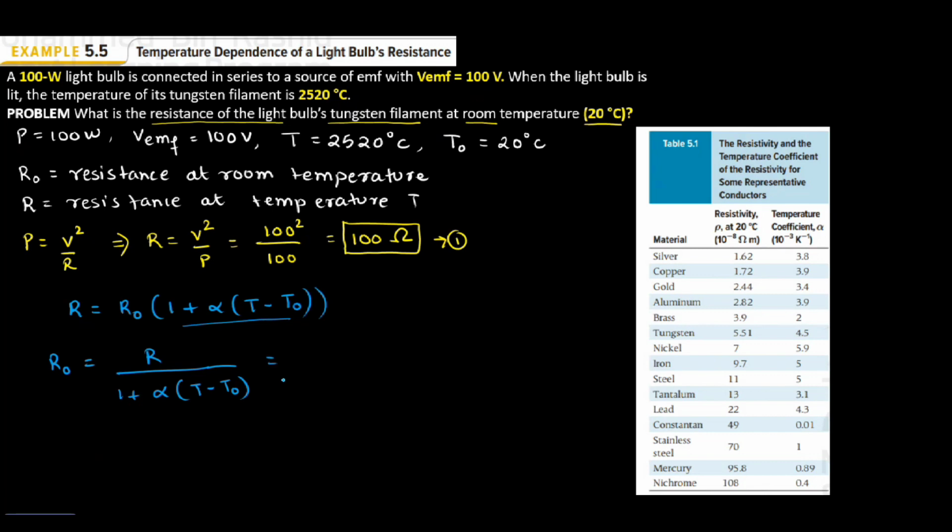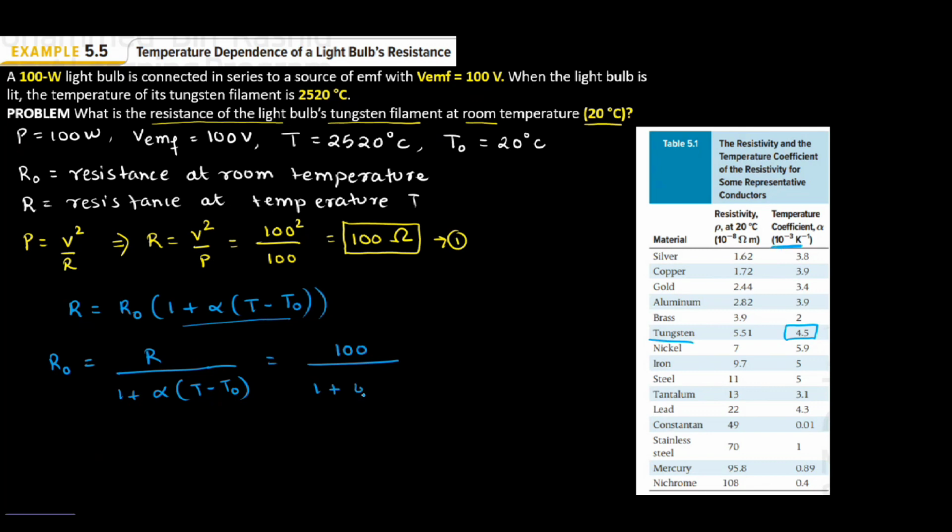Now let's substitute the value. R we calculated as 100 ohms here. So I will write it as 100. 1 plus alpha is a constant for the given material. They should give this to you in the question. Right now I'm going to find the value of alpha from the table here. So we will look for the filament which is made up of tungsten, and the temperature coefficient of tungsten is 4.5 times 10 to the power negative 3.